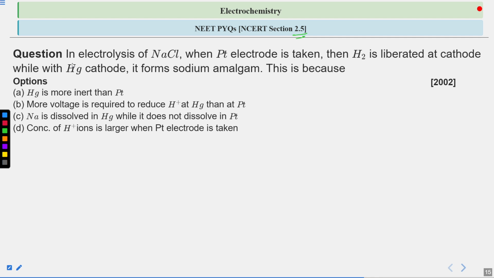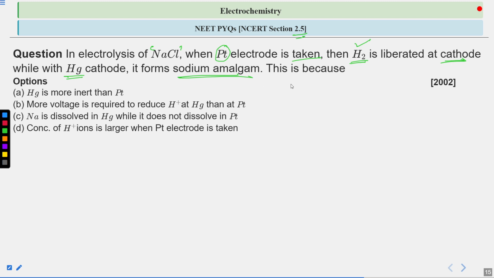The question says that in electrolysis of sodium chloride, when a platinum electrode is taken, hydrogen is liberated at the cathode, while with a mercury cathode it forms sodium amalgam. You have to tell the reason. If you take the platinum electrode, hydrogen is liberated at the cathode, but with the mercury cathode, it forms sodium amalgam instead of hydrogen.